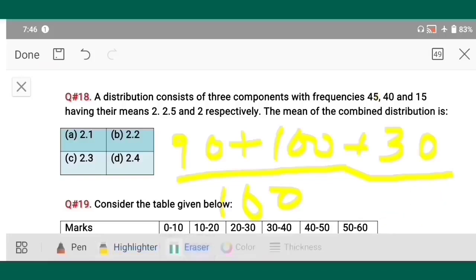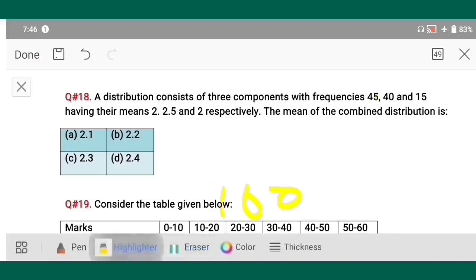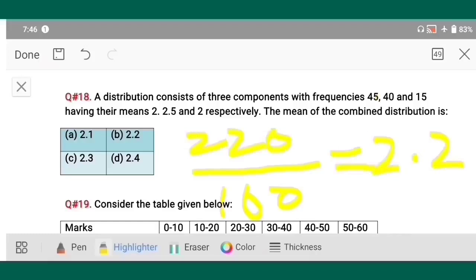So when we add these, we get 90 plus 100, 190, plus 30, 220. So 220 divided by 100 gives 2.2. So our correct option is 2.2.